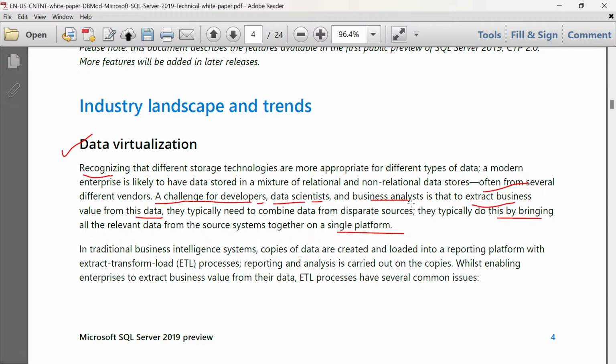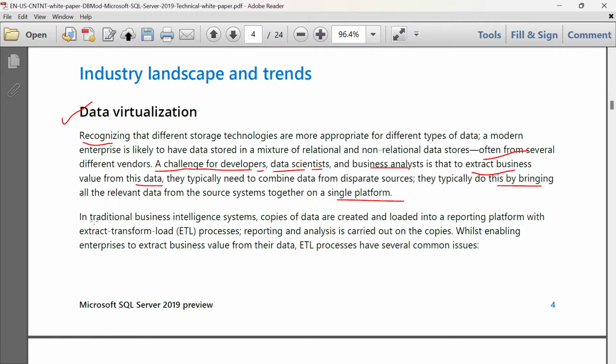Later on we will come across what a database is and what a data warehouse is. We are here to only discuss the importance, the use, the applications, the features of SQL Server 2019. From the next session onwards, assuming tomorrow, we will enter into core SQL Server or the DBMS systems.